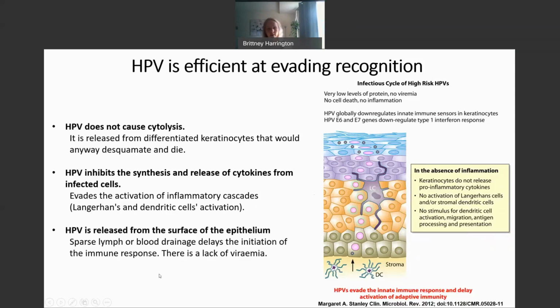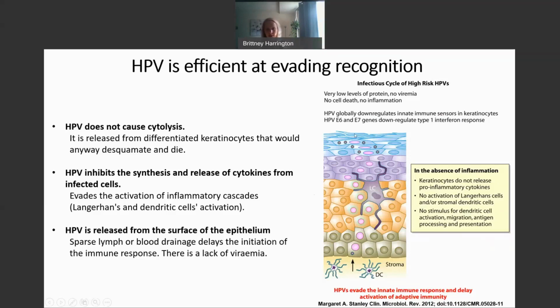And another reason is because, again, by being released at the surface of the epithelium rather than the basal layer within the stroma, that's where blood supply and lymph drainage is.